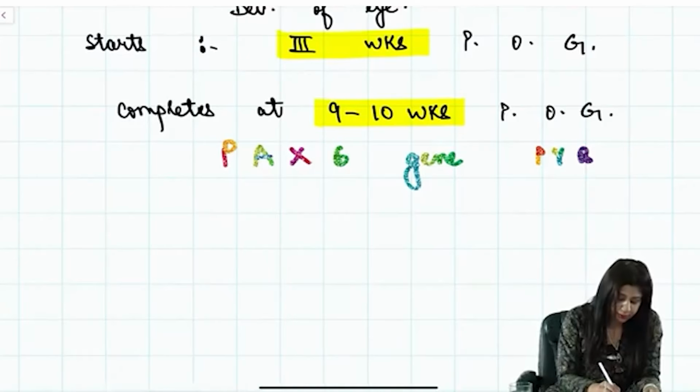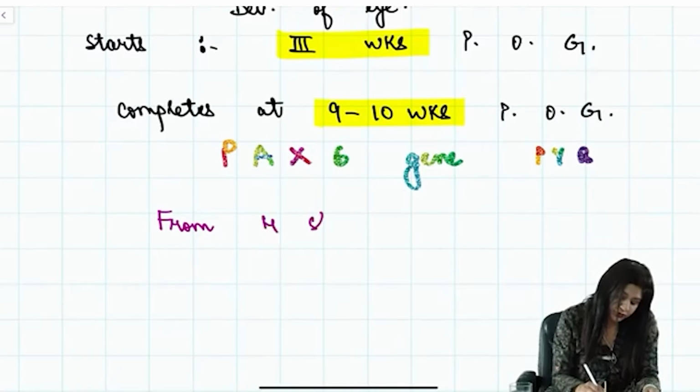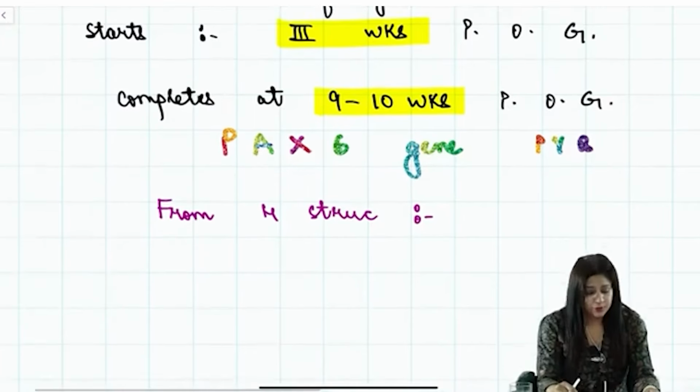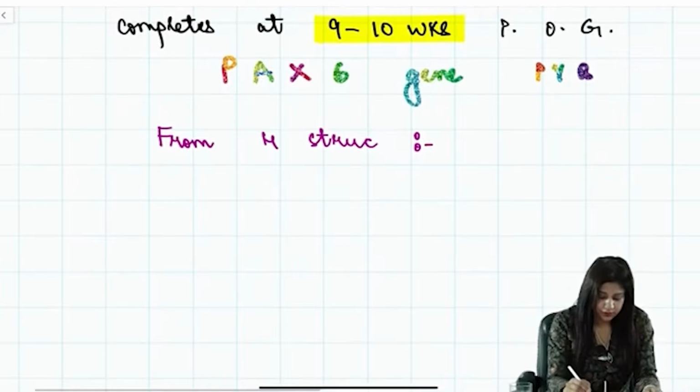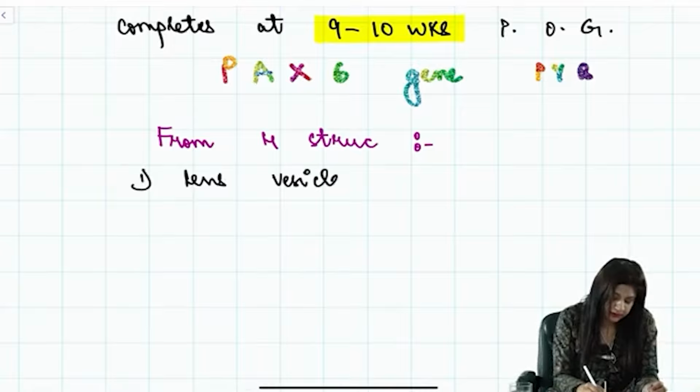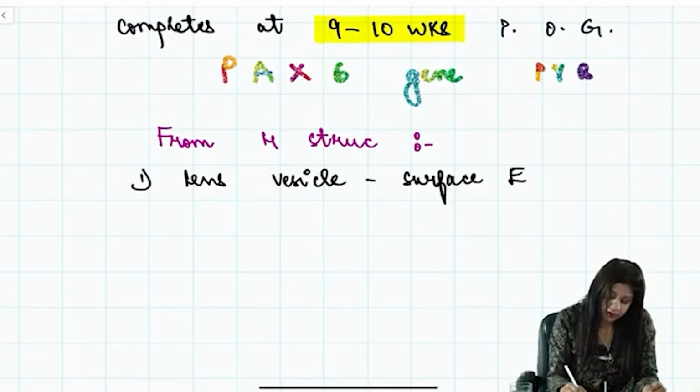Now it develops from 4 structures, which include the lens vesicle. Lens vesicle represents the surface ectoderm.